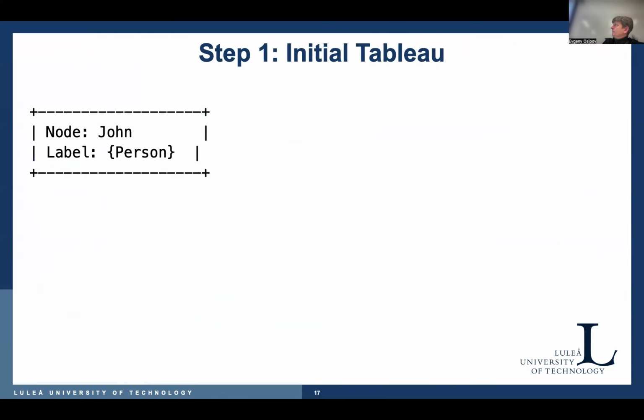So let me see. Graphically, you build a tree of nodes, where the root of the tree is your assertion, and each node has a name, the individual, and a label.